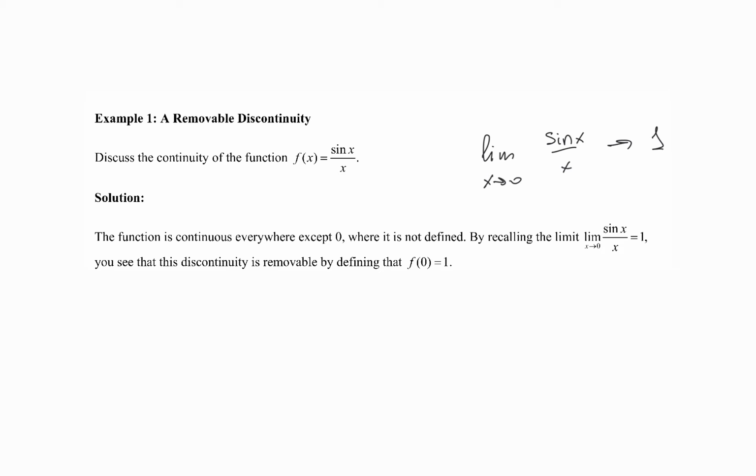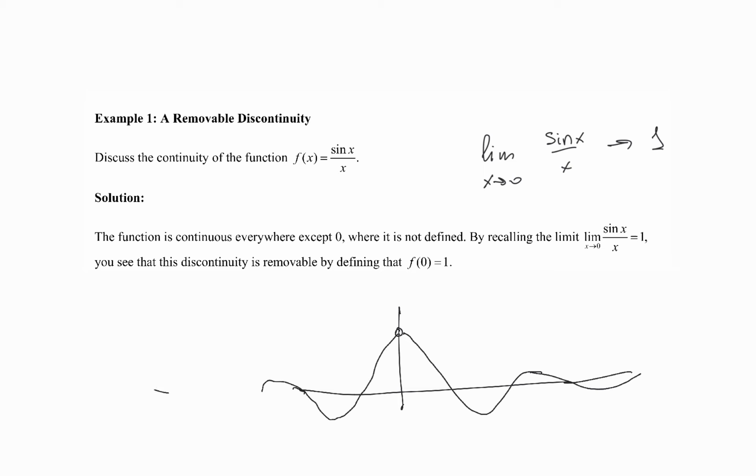So the function sine of x divided by x is a function that at x equals 0 is not defined. But the value of the function when x is different than 0 is something like this, and this is the function. But it's not defined at x equals 0.